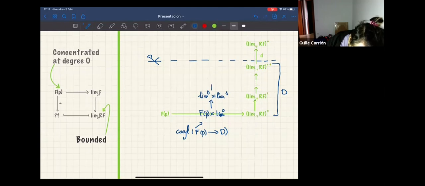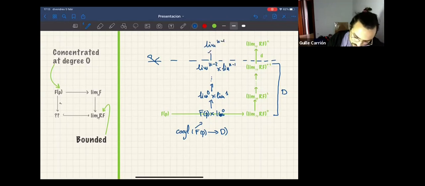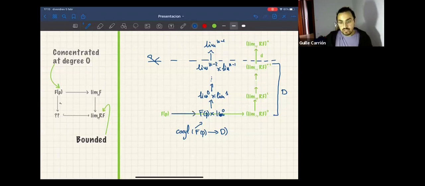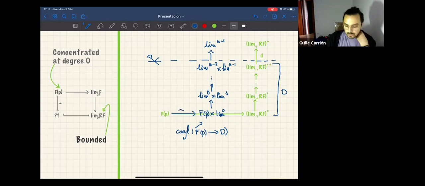Here is lim n minus 2 times lim n minus 1, and here lim n minus 1. So here, this map is, by the previous proposition, a weak equivalence, and this is surjective, this is surjective, and this is surjective.